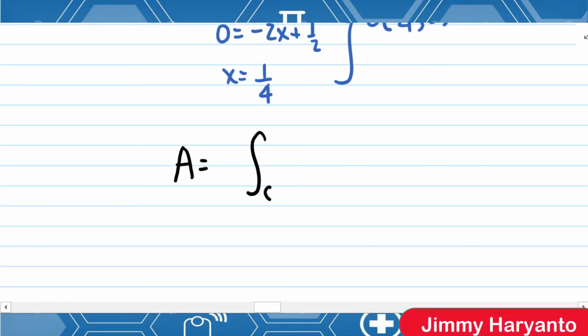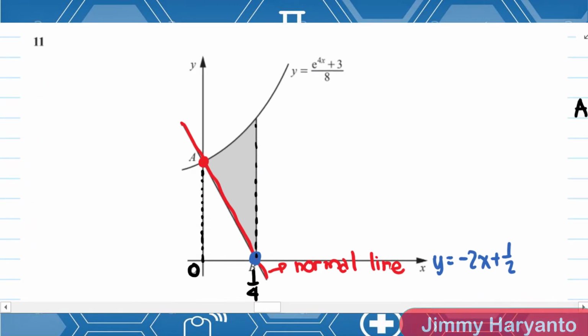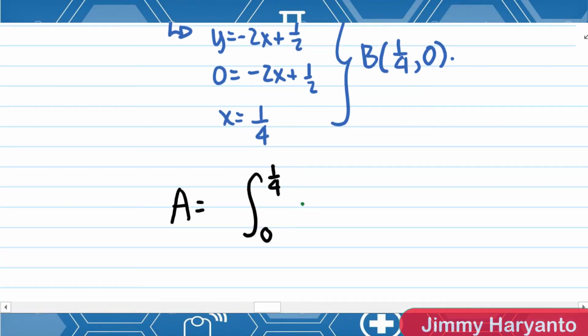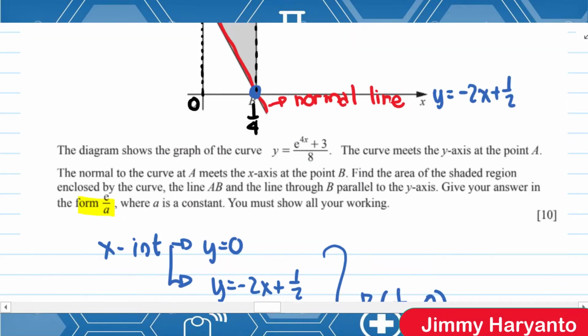So that means from 0 until 1 over 4. The top function is the green one: e to the power 4x over 8 plus 3 over 8. I will write it like this, plus 3 over 8 to make it easier later.